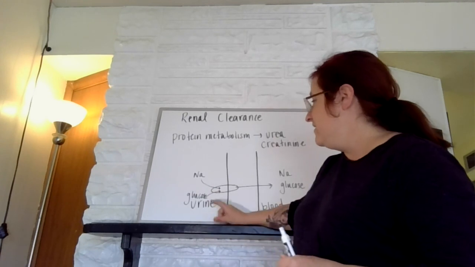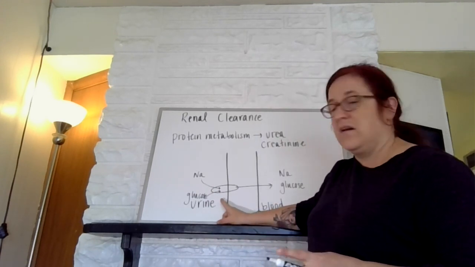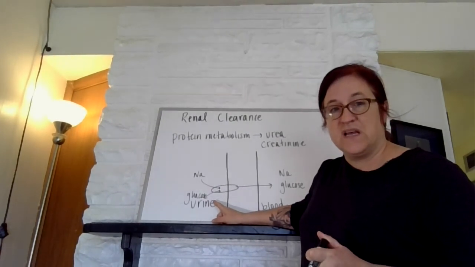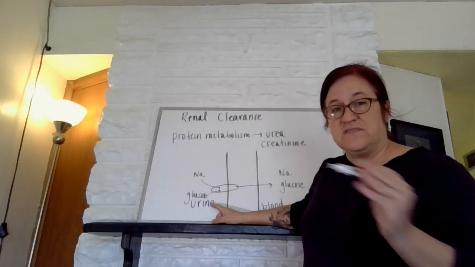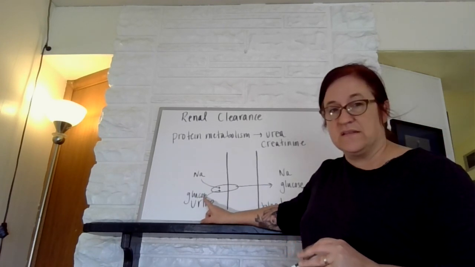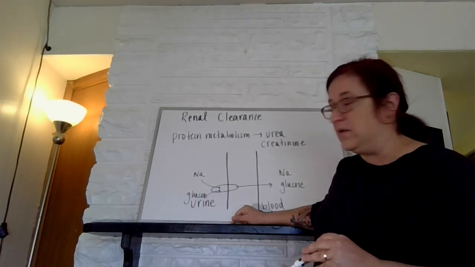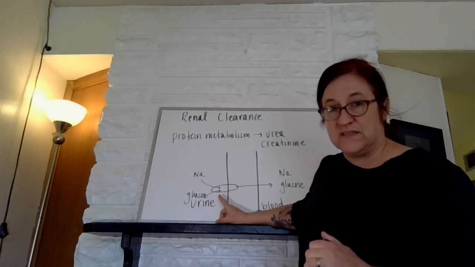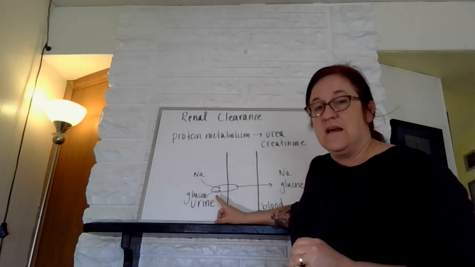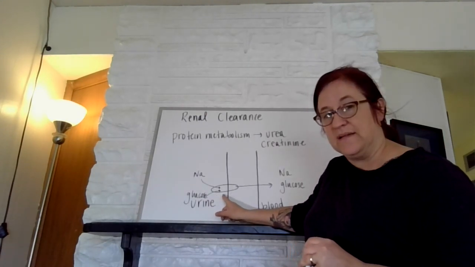So in the nephron, there are transport mechanisms. If glucose leaves during filtration, it should be transported back into the bloodstream and not leave in the urine at all, because there are special GLUT receptors located in the nephron. That's our transport mechanism.